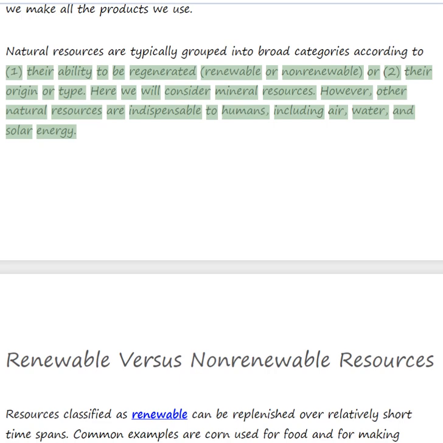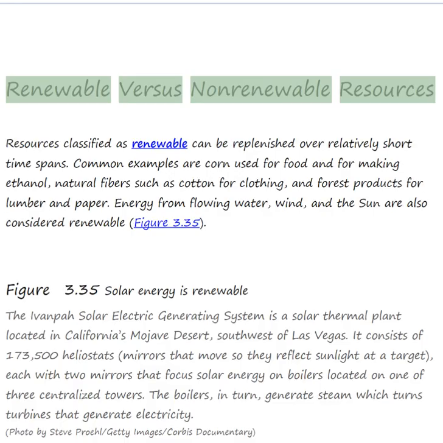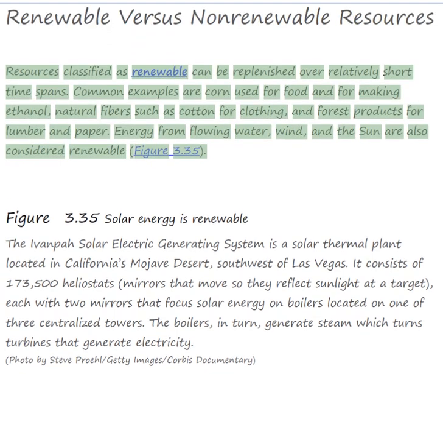However, other natural resources are indispensable to humans, including air, water, and solar energy. Renewable versus non-renewable resources. Resources classified as renewable can be replenished over relatively short time spans. Common examples are corn used for food and for making ethanol, natural fibers such as cotton for clothing, and forest products for lumber and paper.